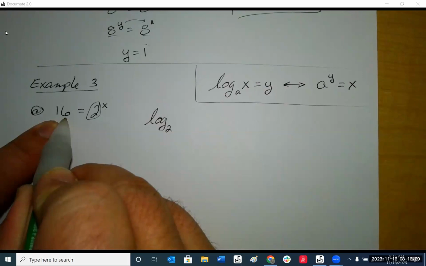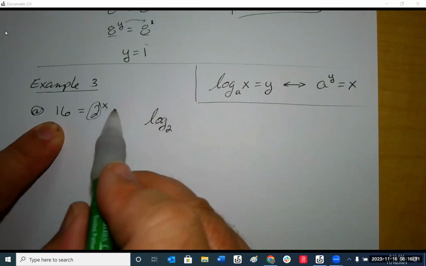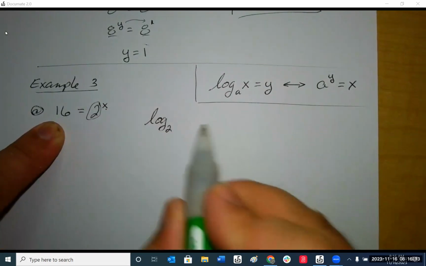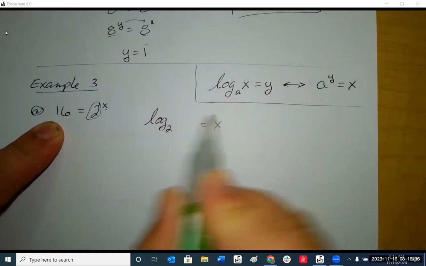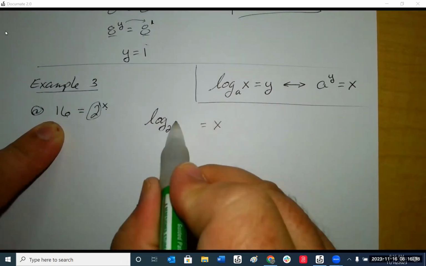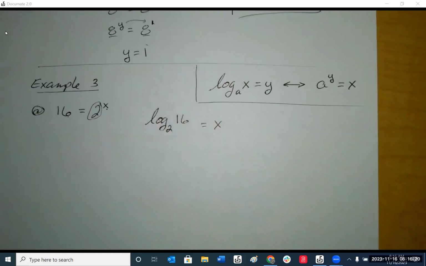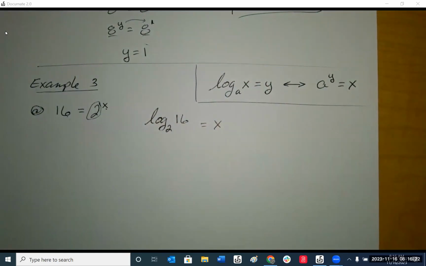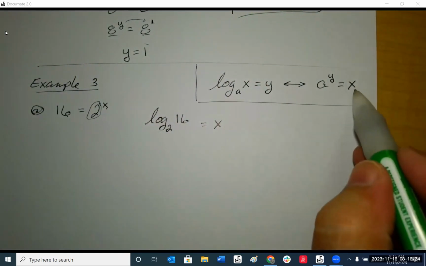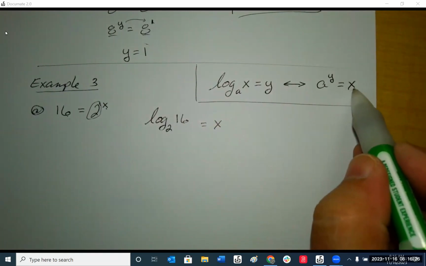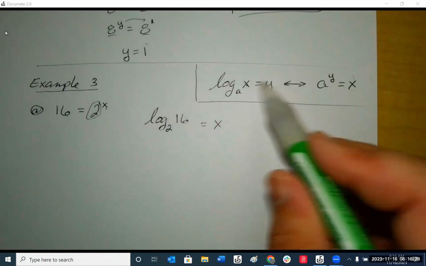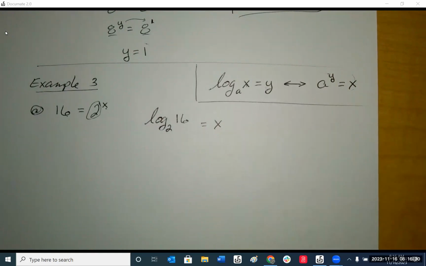Remember when you do inverses, you have to switch x and y. So this x goes in place of the answer and the y becomes that part. So you see the equals answer goes inside the function. The exponent is the answer.